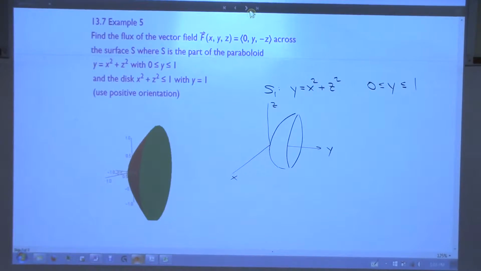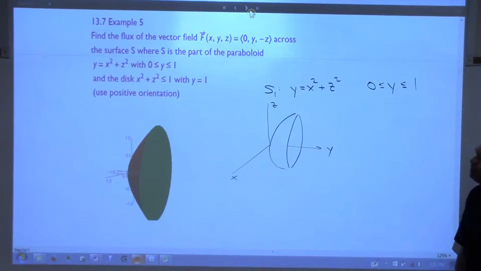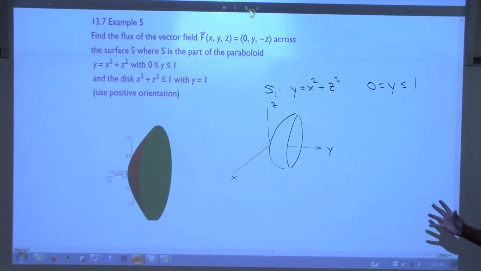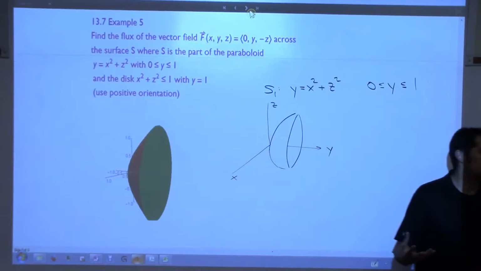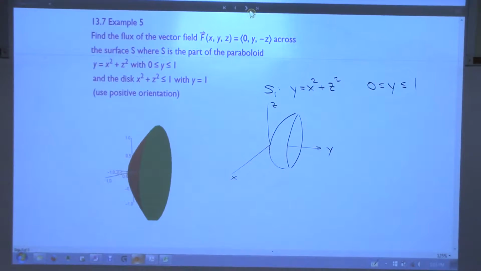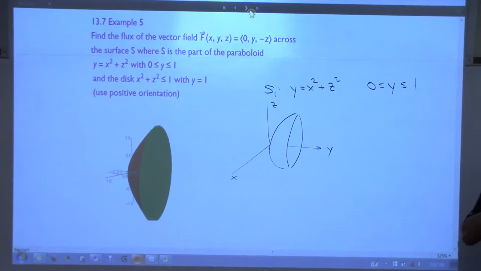And if we call this S1, then to find the flux, what we can do first is see, is S1 a special case? Well, if you can get one of the variables explicitly in terms of the other two, then it is.